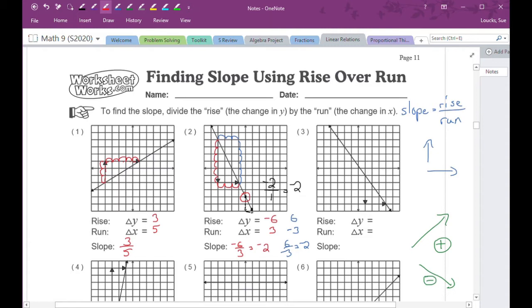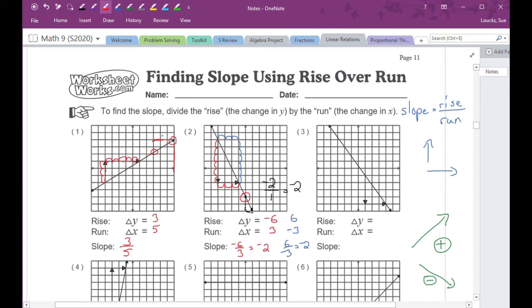It wouldn't make sense for me to, for example, on example 1, pick this point because I don't know exactly what the coordinates of that point are. This one I do know intersects exactly at this vertical line and this horizontal line, which don't have numbers because it really doesn't matter for slope what the actual numbers are, because we're just counting lines, counting spaces. Okay, I hope that didn't confuse you.